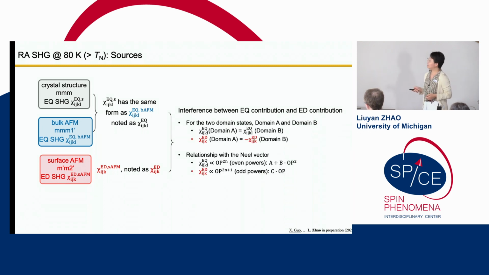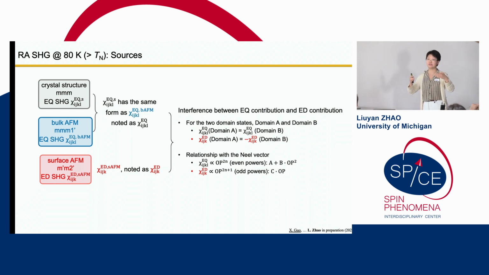So we want to highlight a couple of things. Because the bulk antiferromagnetism has time reversal symmetry, the contribution from the electroquadrupole, which is time reversal symmetric, would be the same for the two domain cases. But the surface antiferromagnetism, which breaks time reversal symmetry, will have opposite sign for the two domains.